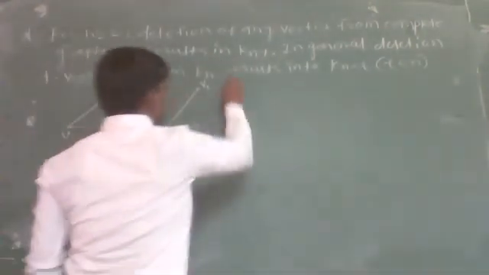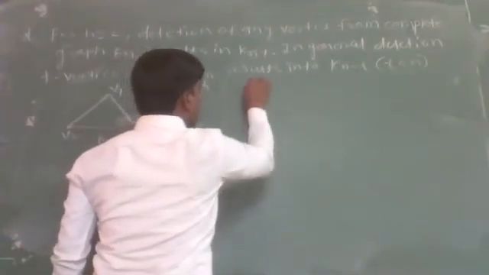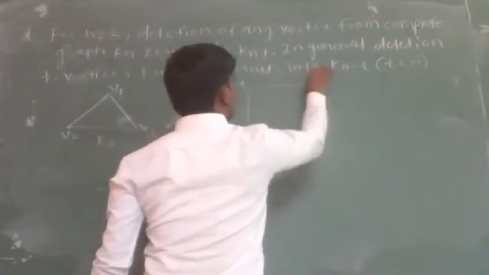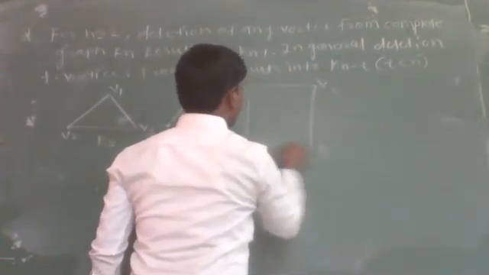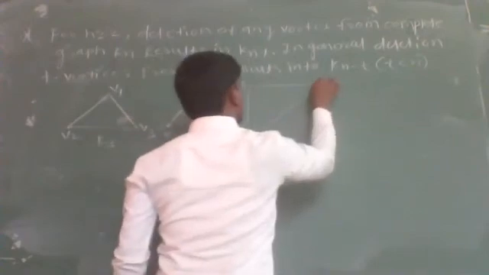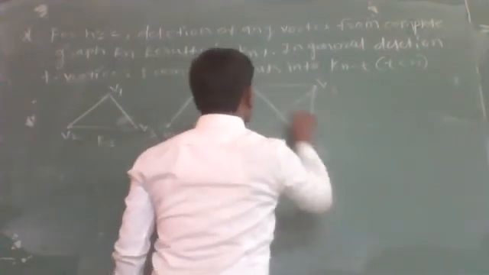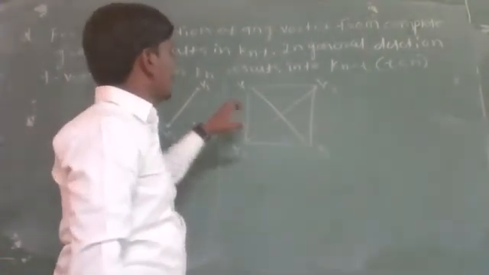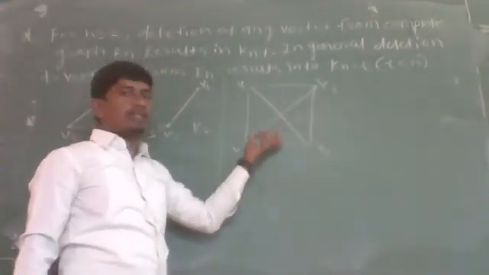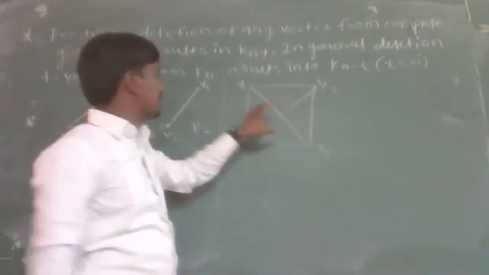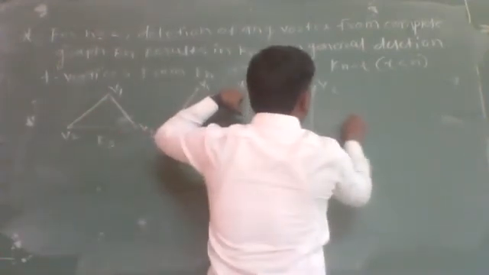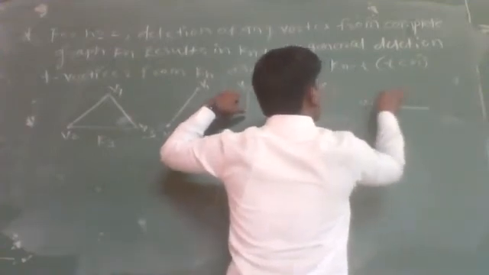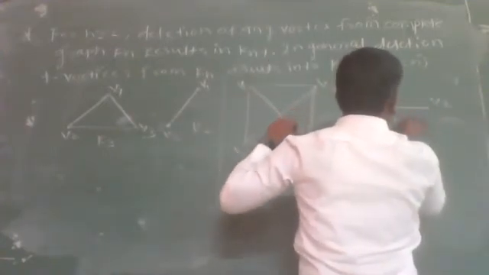Take a second example. Take K4 with vertices V1, V2, V3 and V4, and remove more than one vertex. Now remove any two vertices from this graph. Remove vertices V3 and V4. If we remove vertices V3 and V4, we have to remove all the edges incident on those vertices. So we get V1 to V2, which is K2.